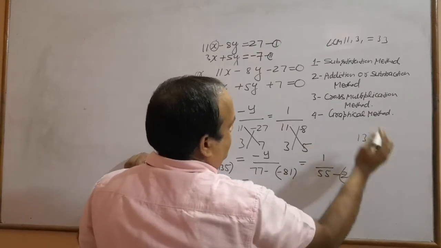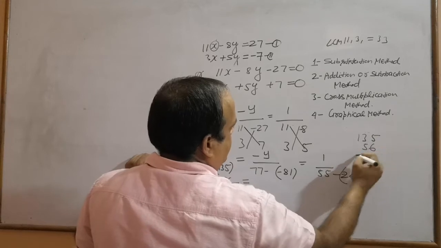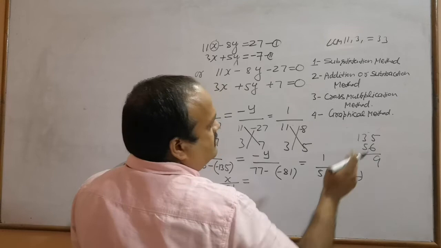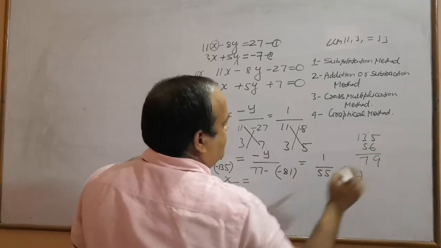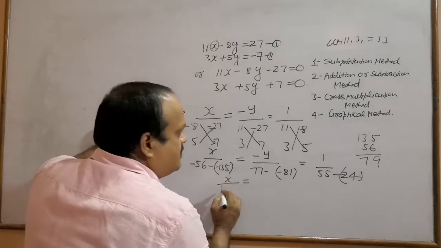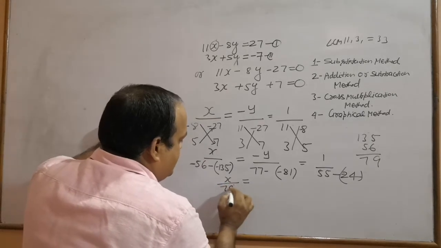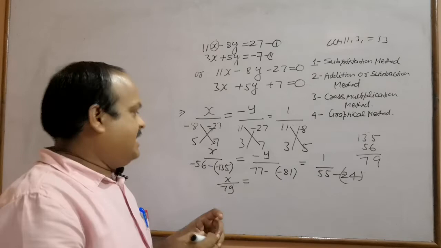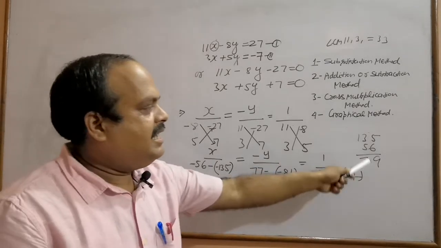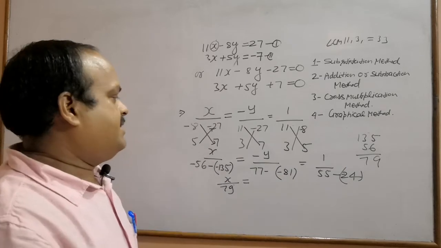So 135 minus 56 gives 79. So here we get only 79. It was my careless mistake. So plus 135 minus 56 I did here, it will become 79.